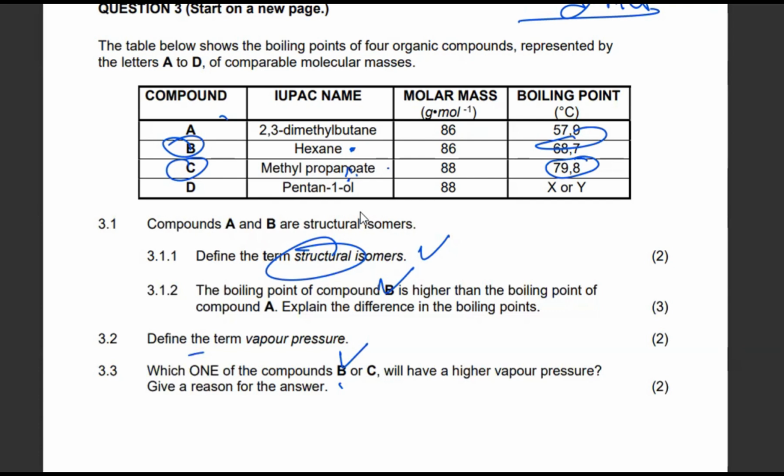So you have to explain what B has and what C has, and what makes it have a higher boiling point.